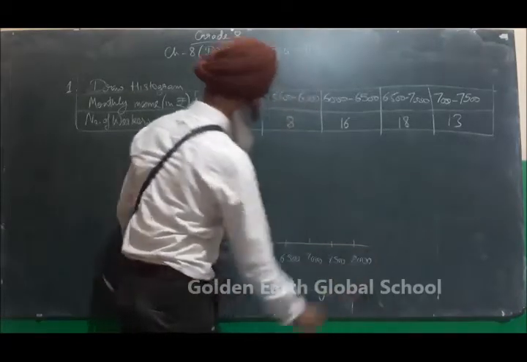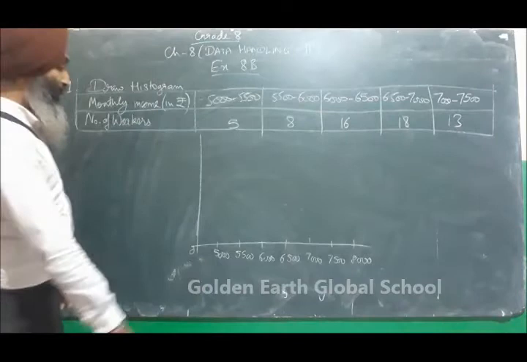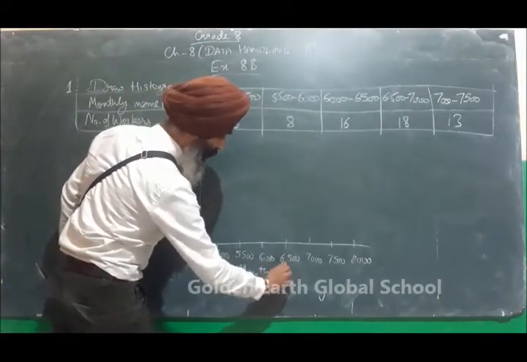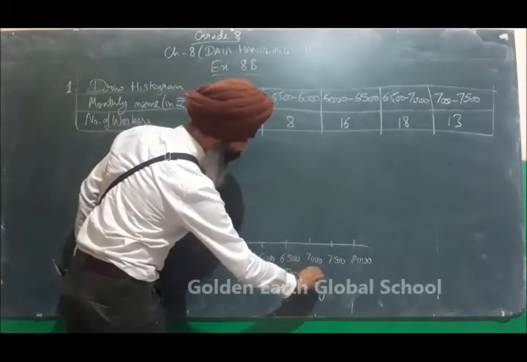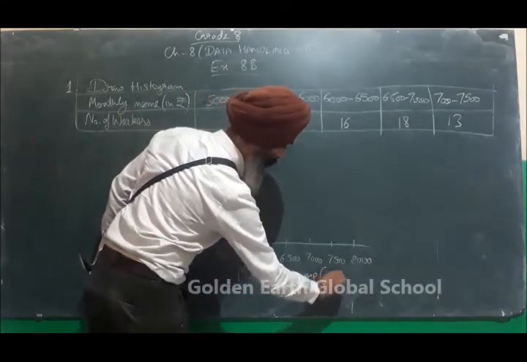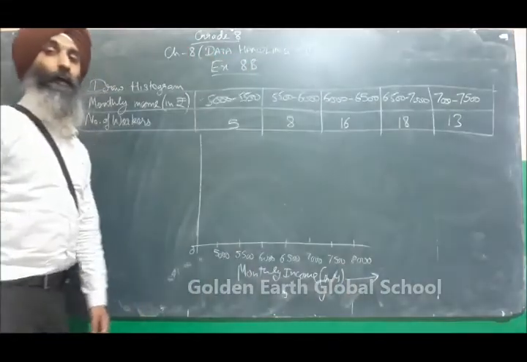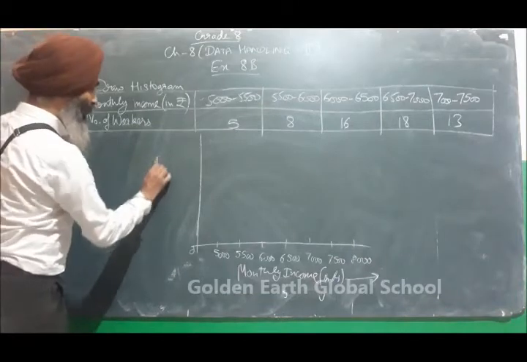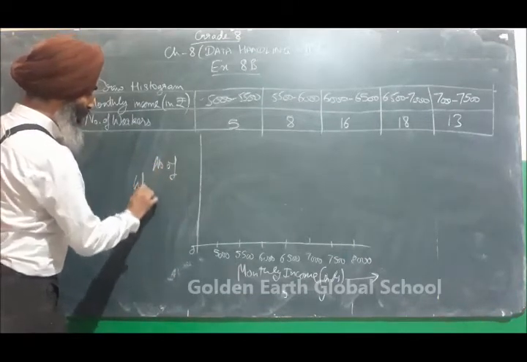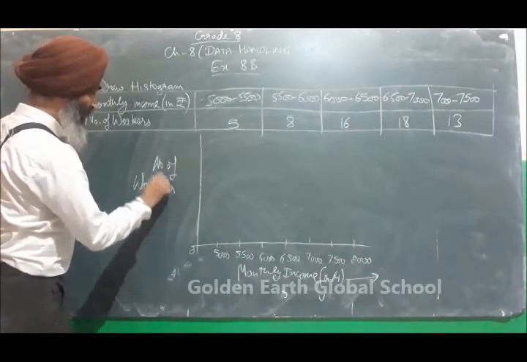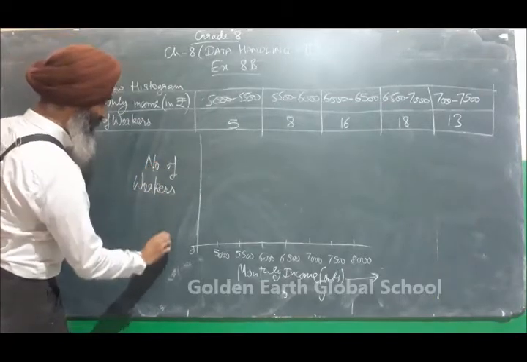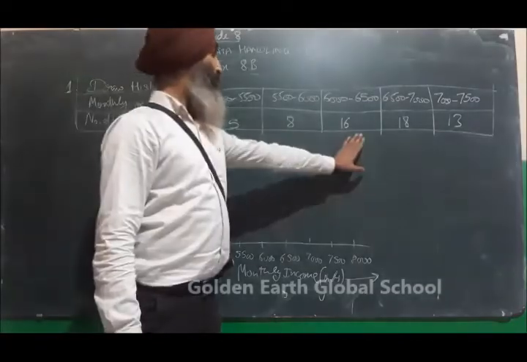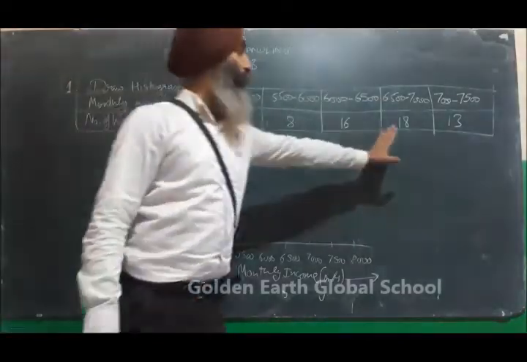Okay. So now what is this? These are the monthly income, in rupees. So mention each and everything on the x-axis and the y-axis. On the y-axis it is the number of workers. So write down number of workers along the y-axis. As you have seen, the minimum is 5 and the maximum is 18.